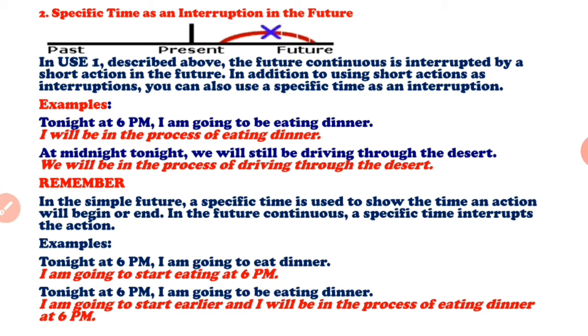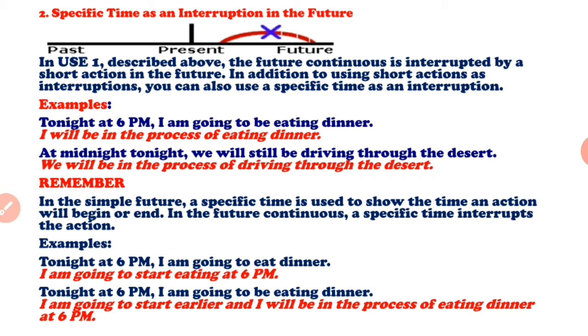Second, specific time as an interruption in the future. You may have a doubt. Why? Because I have mentioned second time. But if you pay attention to it, you can know it very easily. What is the fundamental basis of this? You can check here.